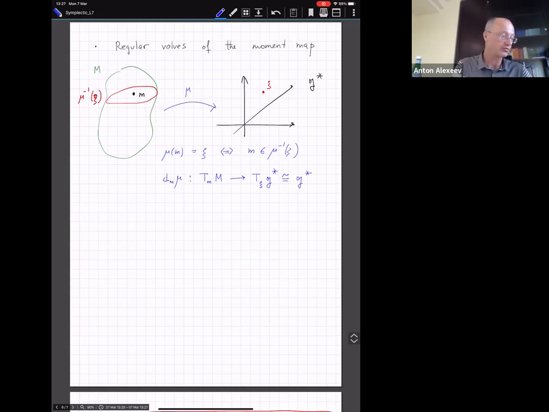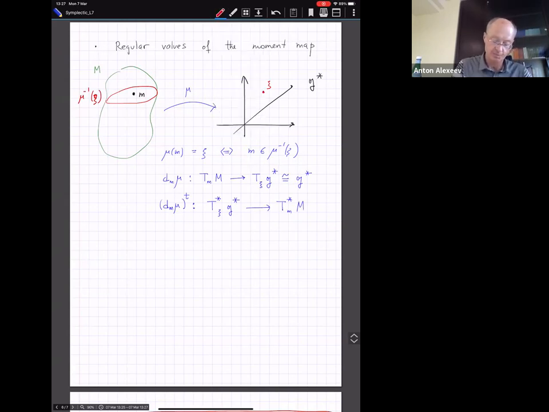And of course, the other way around, we can say that there is a dual map. I don't know whether we should denote it by star or by transpose. It is mapping T star psi of G star to T star M of M.